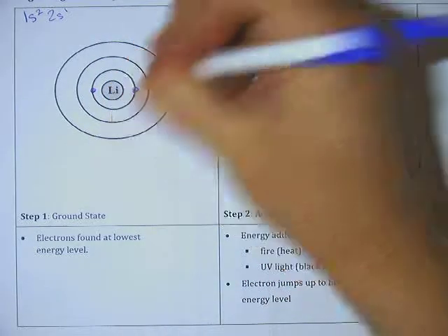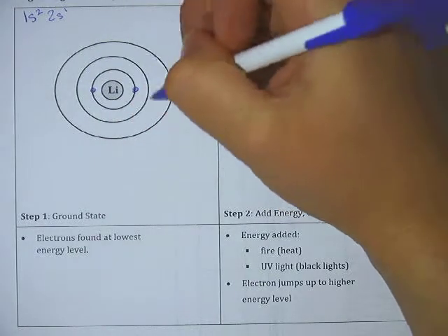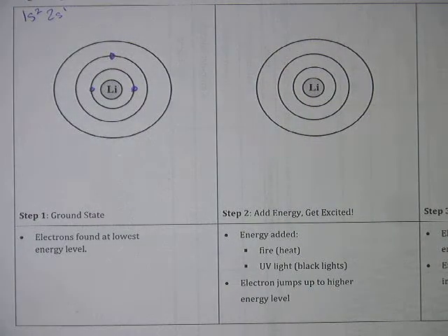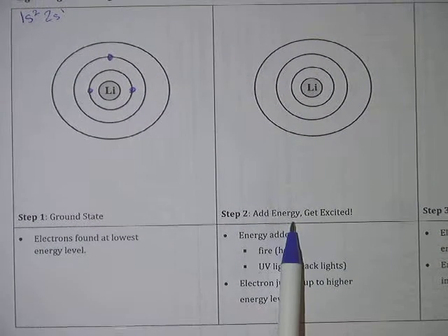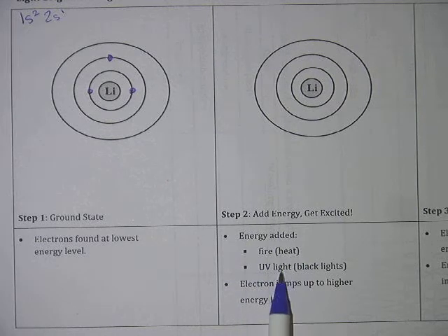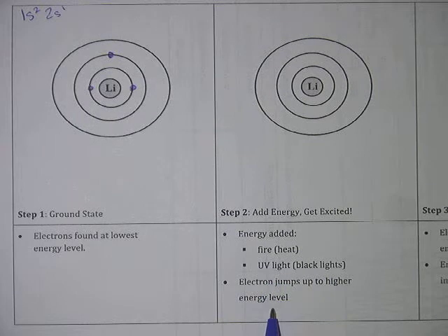Here's the 1s2. Then 2s1, that means we move out to the second shell and we put one electron in there. But if you add energy, an electron can get excited. When you add energy in the form of fire, like heat, or high energy light, like UV light or black lights, electrons can jump up to a higher energy level.